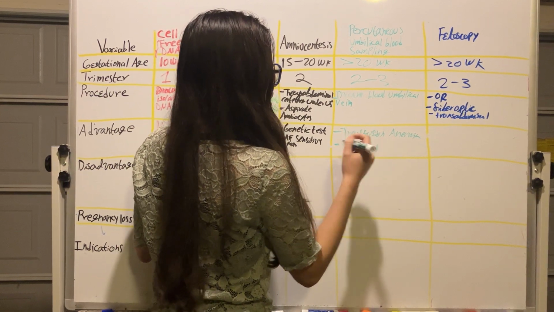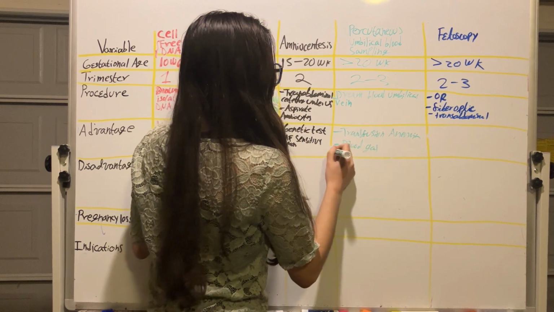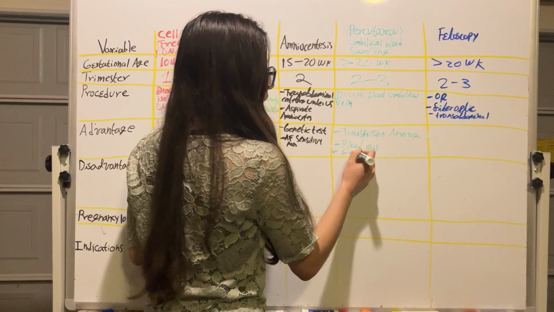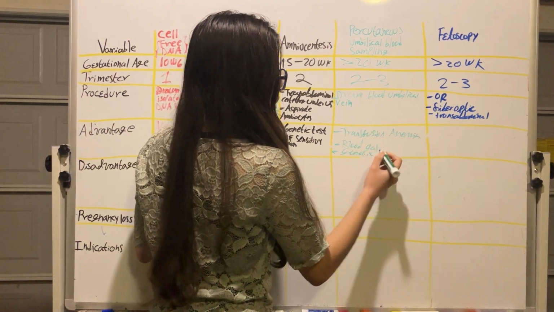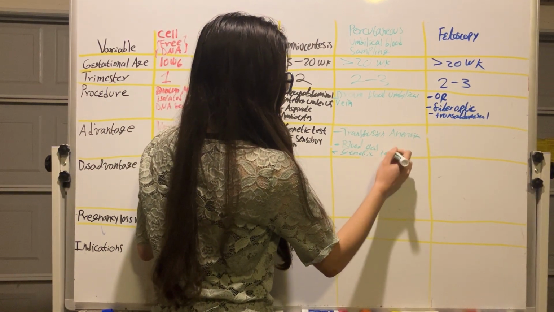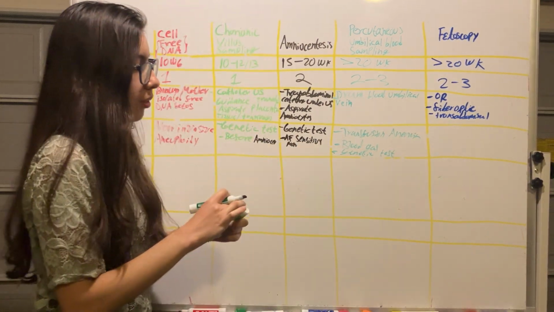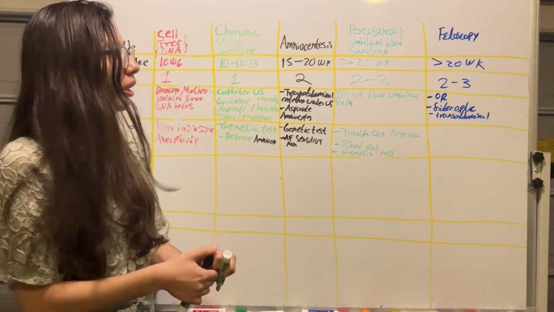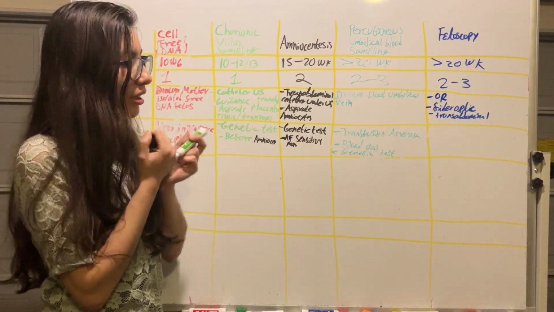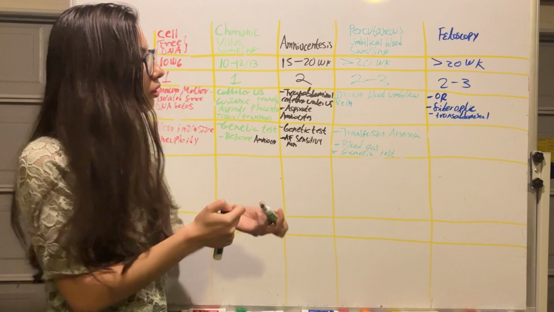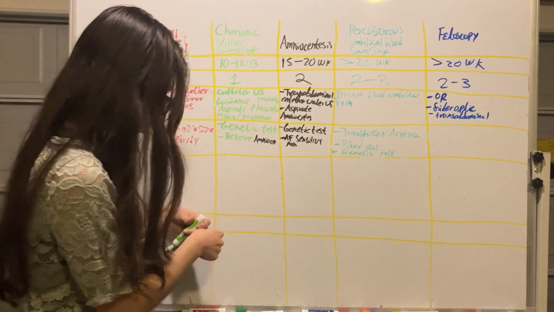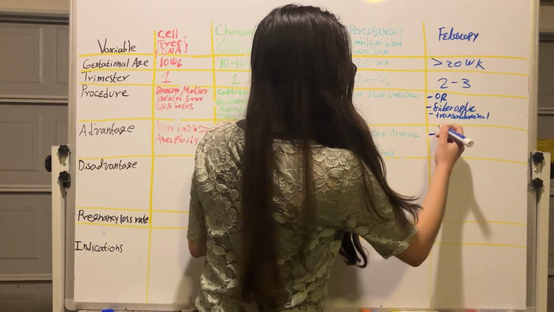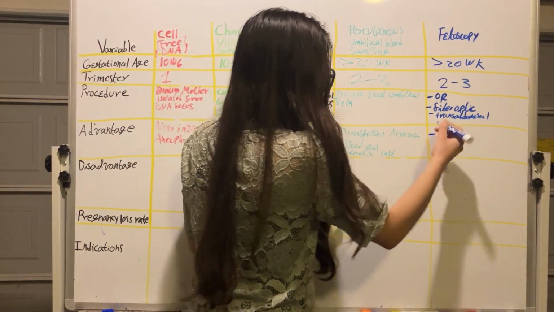We can do a blood gas analysis, and if we wish, we could also do a genetic test, a karyotype testing. But most of the time, if we are going to do a genetic test, we are not going to do a percutaneous umbilical blood sampling. This is more for blood gas analysis or transfusion. And fetoscopy, the advantage is that in this case we can do surgeries.